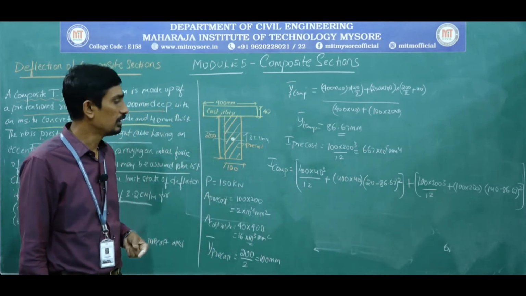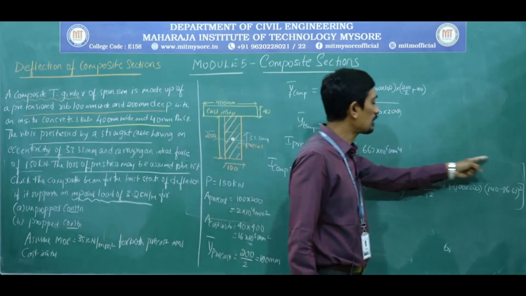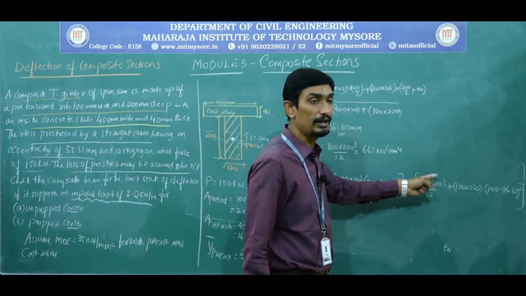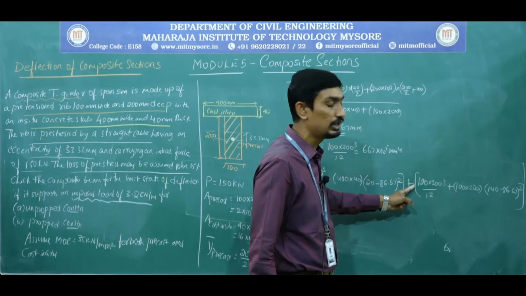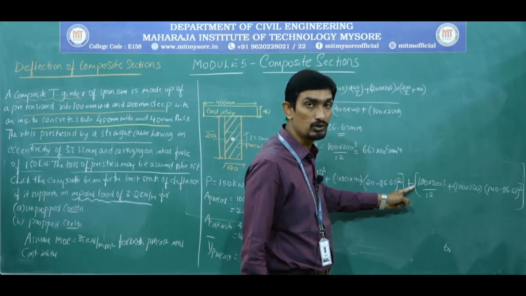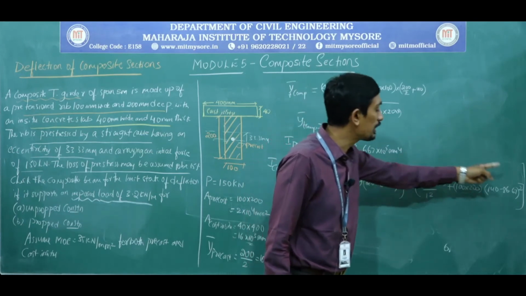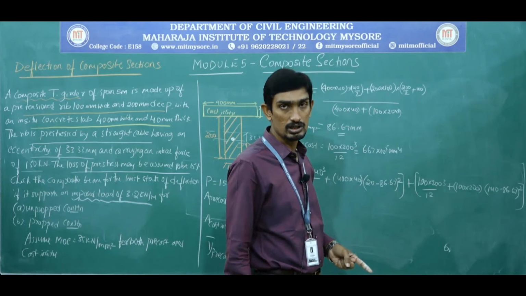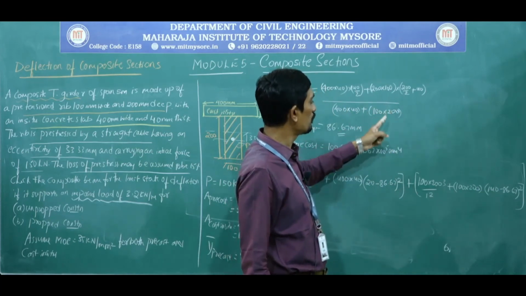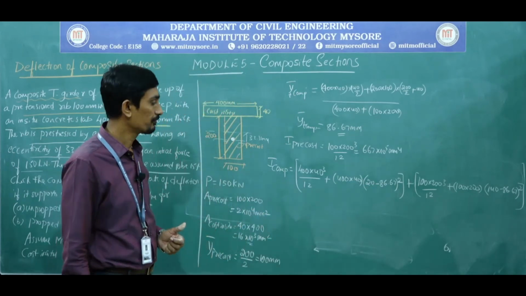Now the same thing, if modular ratio varies, then this entire precast thing I need to multiply with 1.25. If modular ratio varies, that means I need to multiply with 1.25 for precast moment of inertia. Here also 1.25. If modular ratio varies, now it is same, no need to worry.